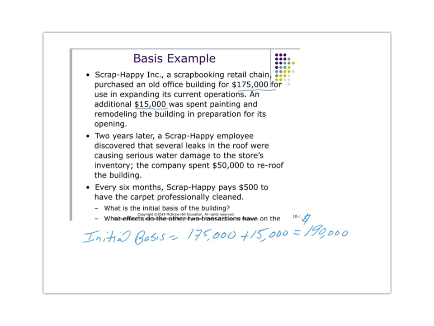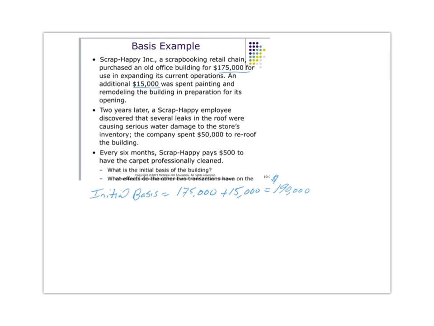Okay? Now the next question, which is obscured a little bit on this slide, is what effect do the other 2 transactions have on the initial basis? Okay? Other transactions. So let's talk about them. All right? So the first one, let's talk about every 6 months. Well, what is cleaning every 6 months of $500? Okay?